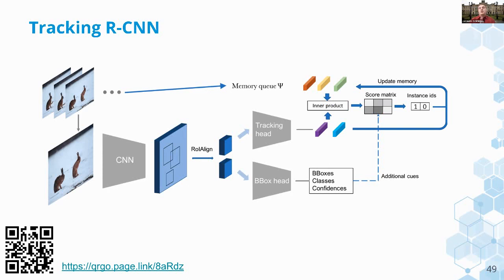We are already computing deep features in our R-CNN to predict location and scores of our classes. So we can simply reuse these features cropped by the ROI-Align algorithm to predict embeddings.